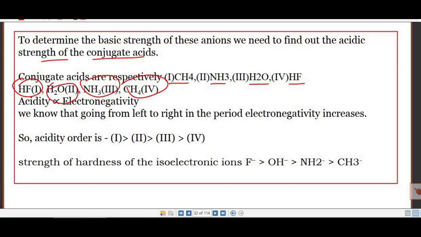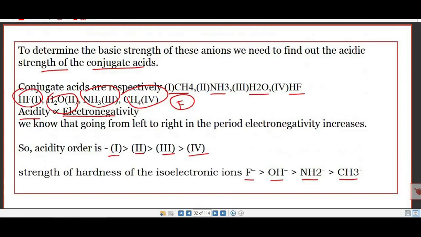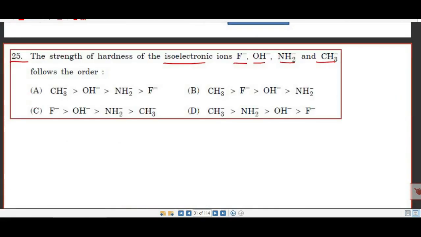Acidity is directly proportional to electronegativity, and fluorine is more electronegative. Hence the acidic order is 1 greater than 2 greater than 3 greater than 4, so the basic order is CH3 minus greater than NH2 minus greater than OH minus greater than F minus. The given option C is the correct option.